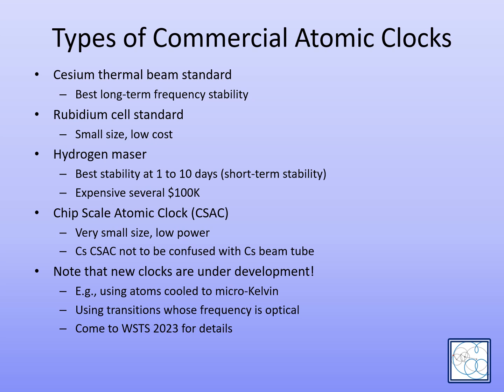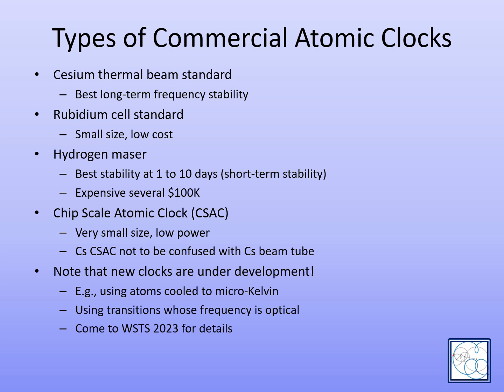In that clock, the atoms are heated to a temperature to make them stream out of the oven. They're then focused into a beam, and they travel in vacuum where they are interrogated with the frequency that comes multiplied up from a quartz oscillator, but is matching this 9 billion oscillations for the clock transition.